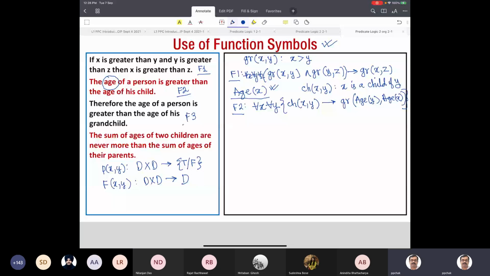What about F4? What else do you need to do F4? Function symbol Sum. I need one more function symbol, Sum.